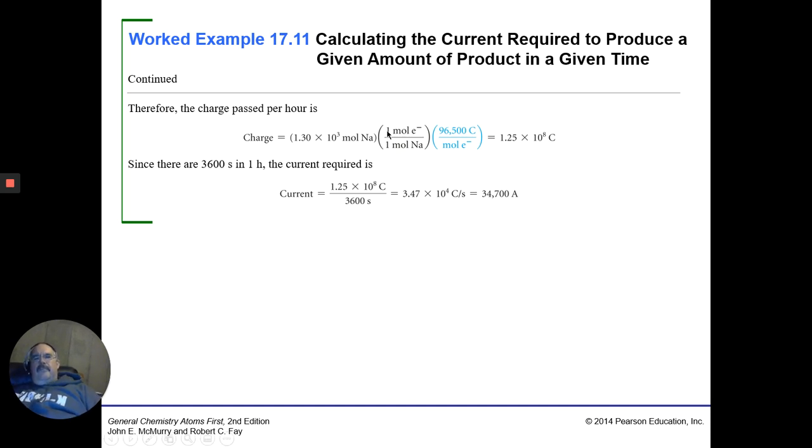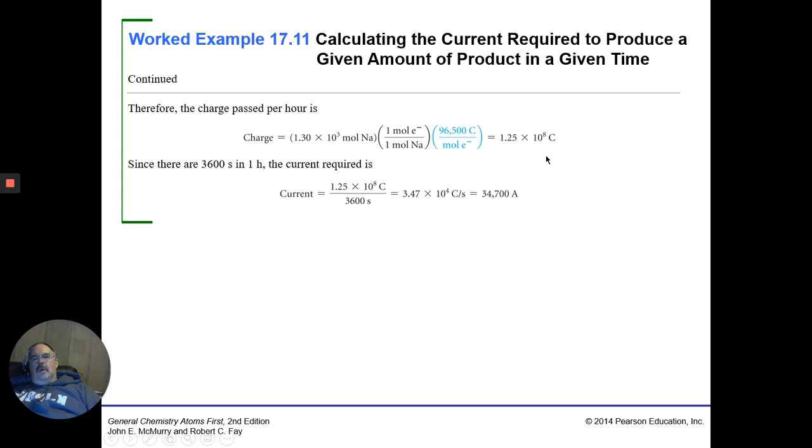Okay, so 1.30 times 10 to the 3rd moles of sodium. And there's 1 mole of electrons per mole of sodium. And there's 96,500 coulombs per mole of electrons. Okay, so moles of sodium, moles of electrons cancels out.